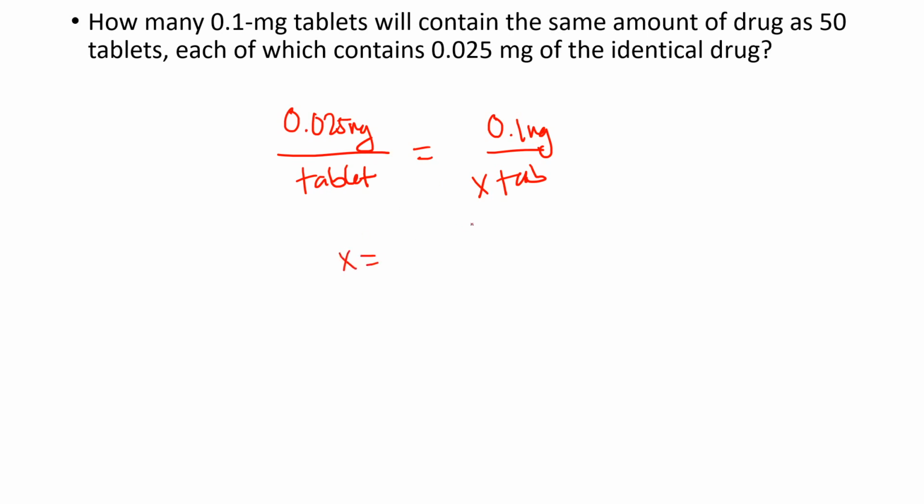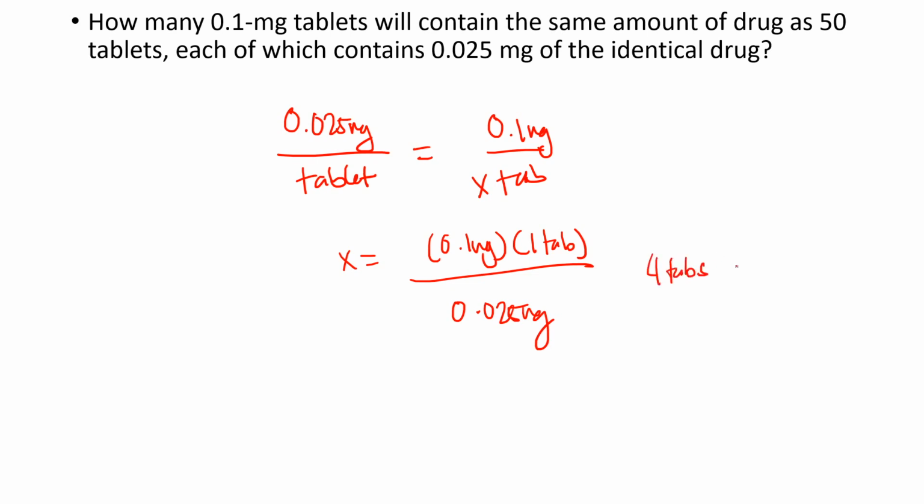X is 0.1 milligram multiplied by 1 tab over 0.025 milligrams. 0.1 divided by 0.025, we get 4 tablets, but we have to multiply it by 50.